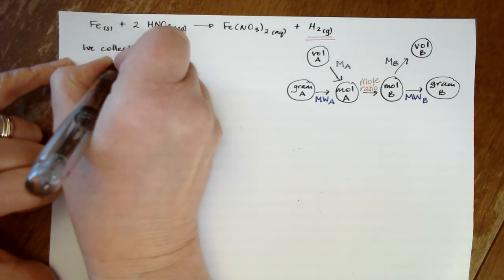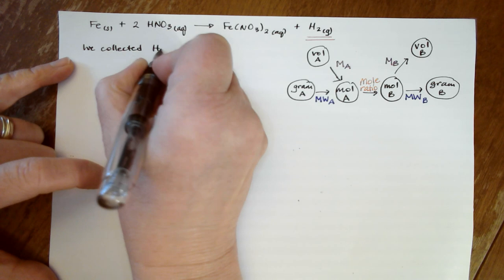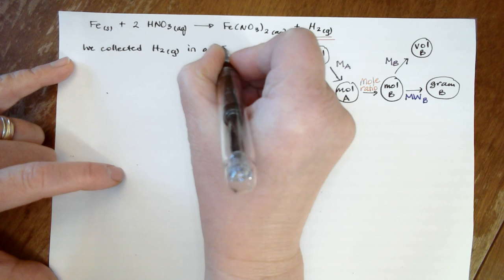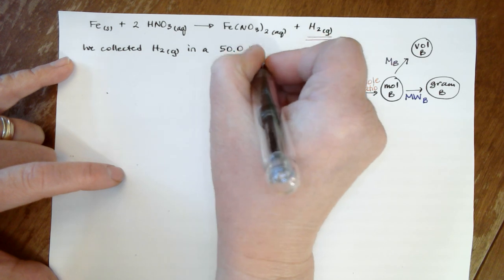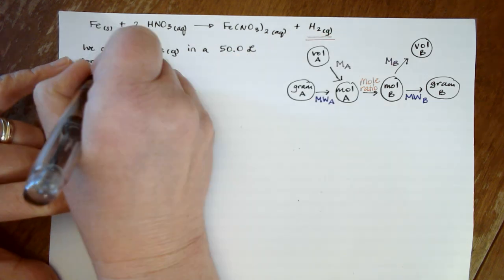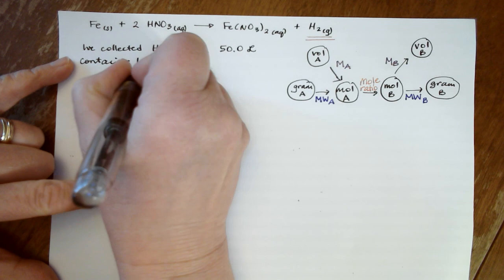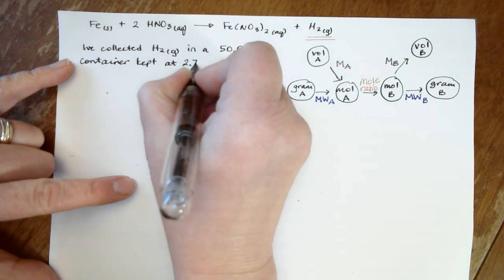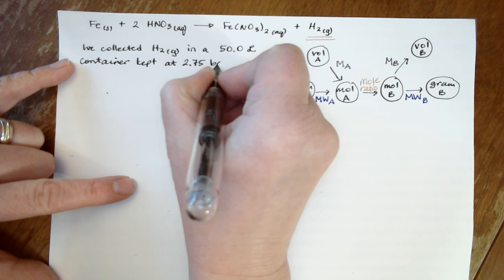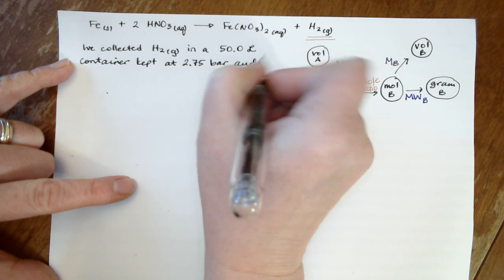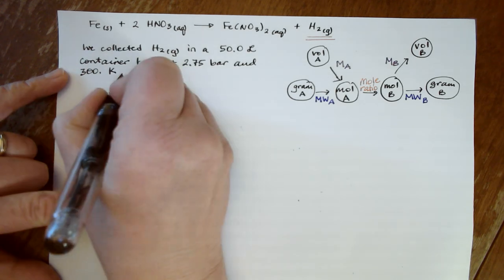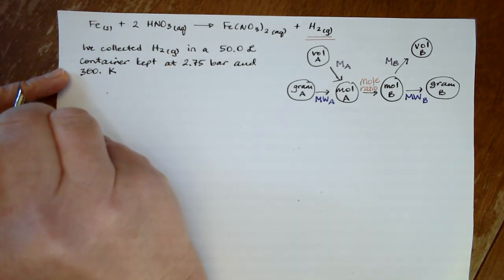So in this problem, I'm going to say we have collected hydrogen gas in a 50-liter container kept at 2.75 bar and 300 Kelvin. Great.